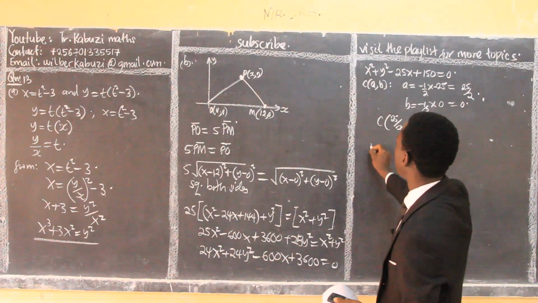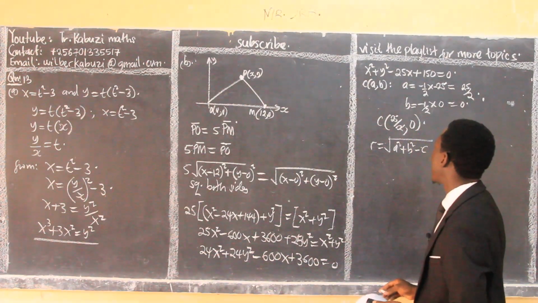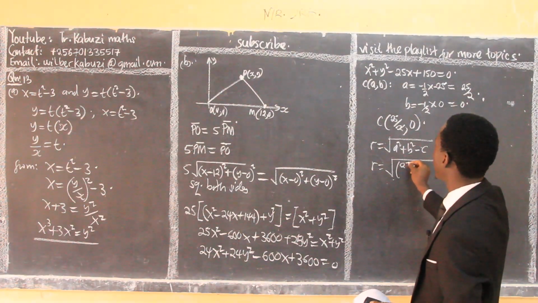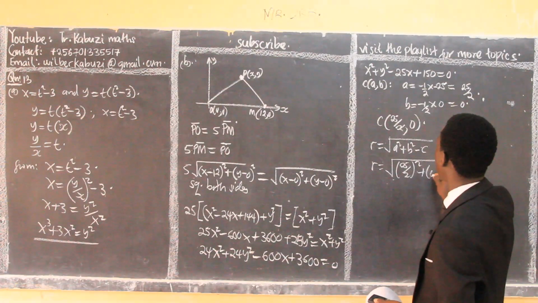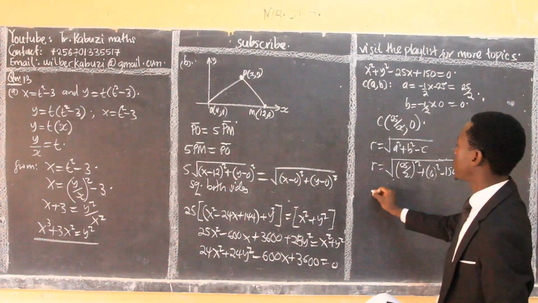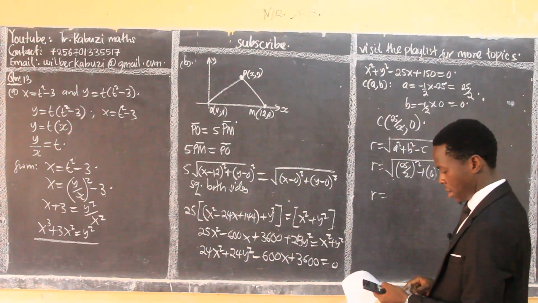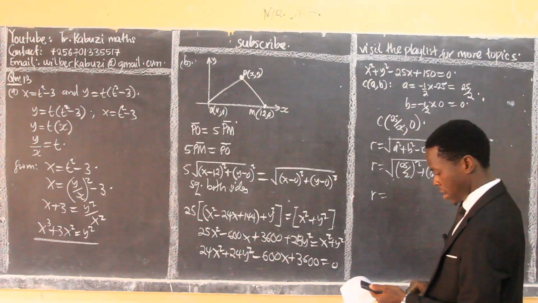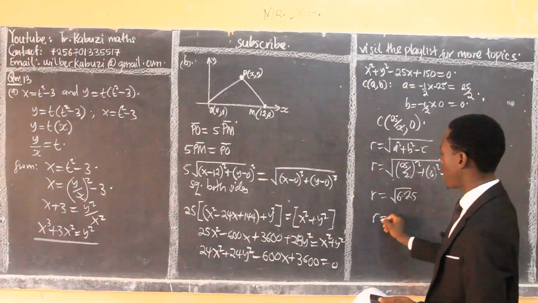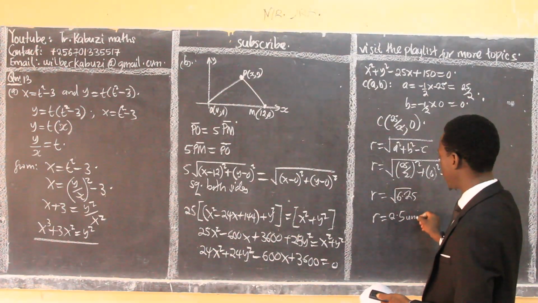And I'm looking for my radius. My radius is always the square root of a squared plus b squared minus c. So my square root is going to be a, which is 25 over 2 squared, plus 0 squared, minus c, which is 150. And so my radius is the square root of 6.25, which is 2.5 units.